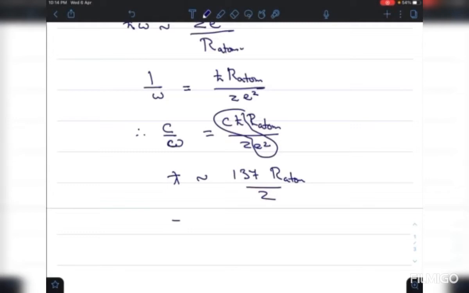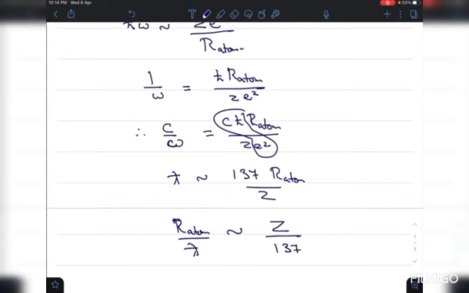So R atom divided by Z lambda bar is approximately equal to Z by 137.